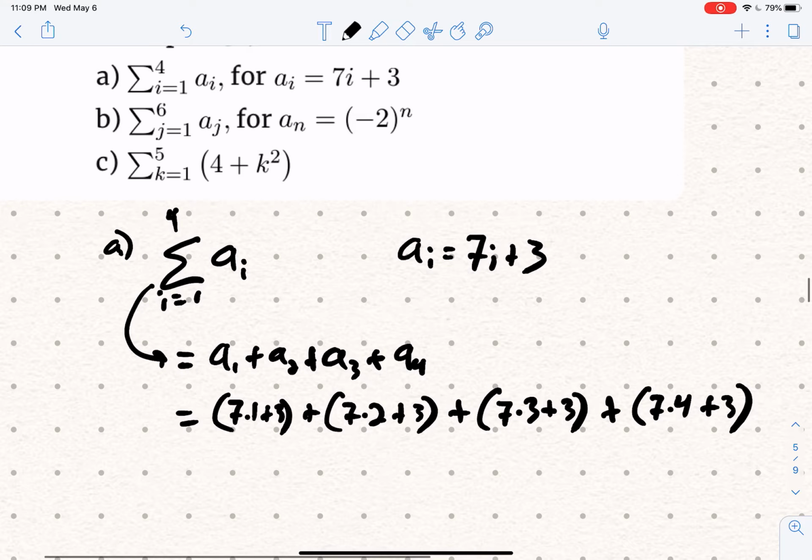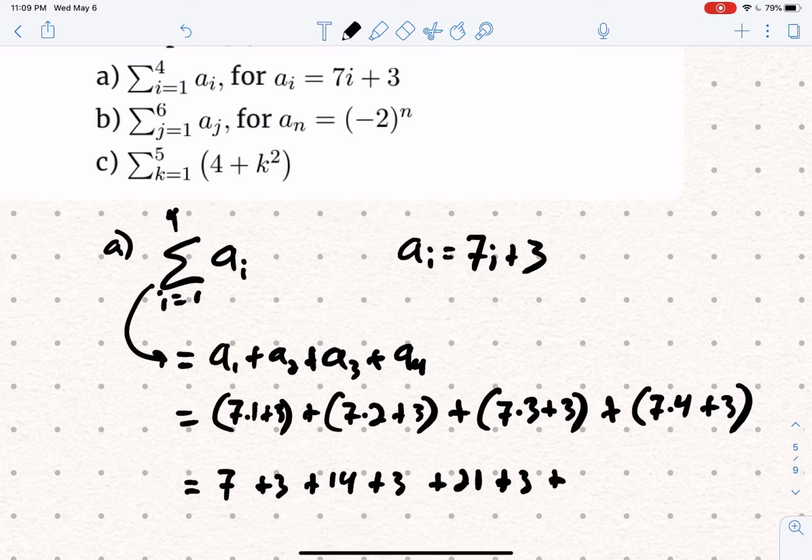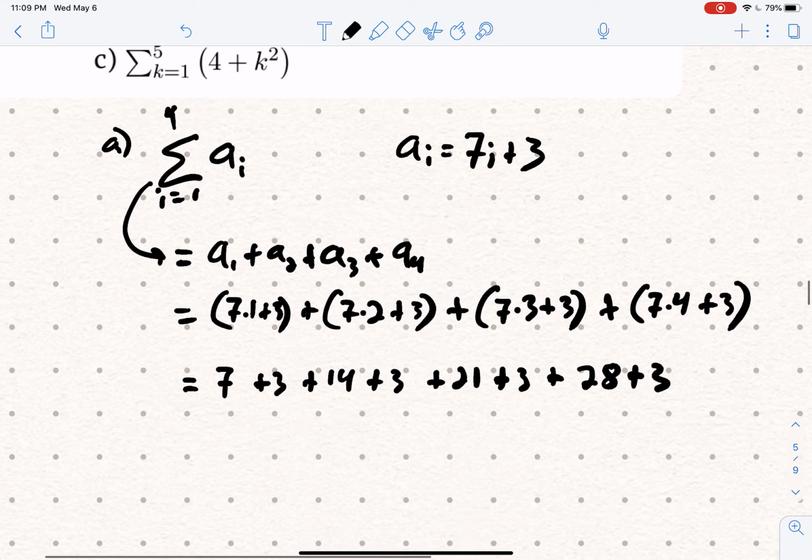Then it's just a matter of multiplying, simplifying, and adding all these things up. Since the parentheses are only connected by addition, we can just drop the parentheses. We get 7 plus 3 plus 14 plus 3 plus 21 plus 3 plus 28 plus 3. And then it's just a matter of arithmetic.